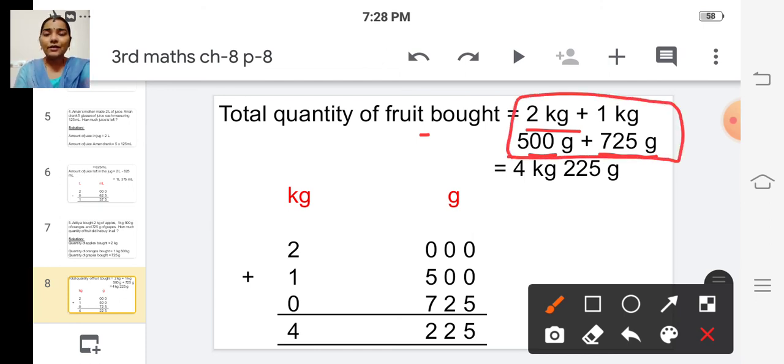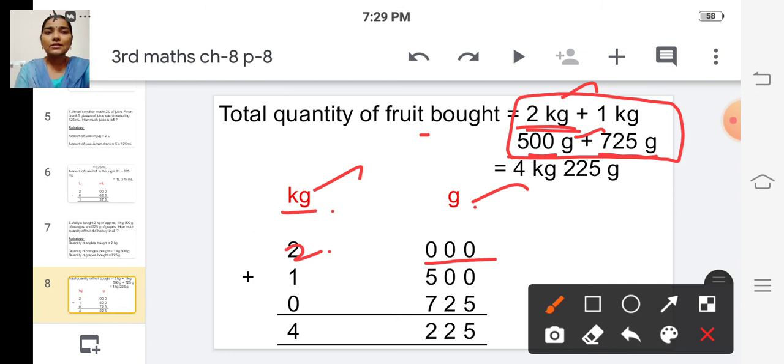To add, first what do we have to do? We have to separate the units. So separate kilogram and gram, and write the values below their units. What is the quantity of apples? It is 2 kilogram. So write 2 below kilogram unit and write 000 in grams.